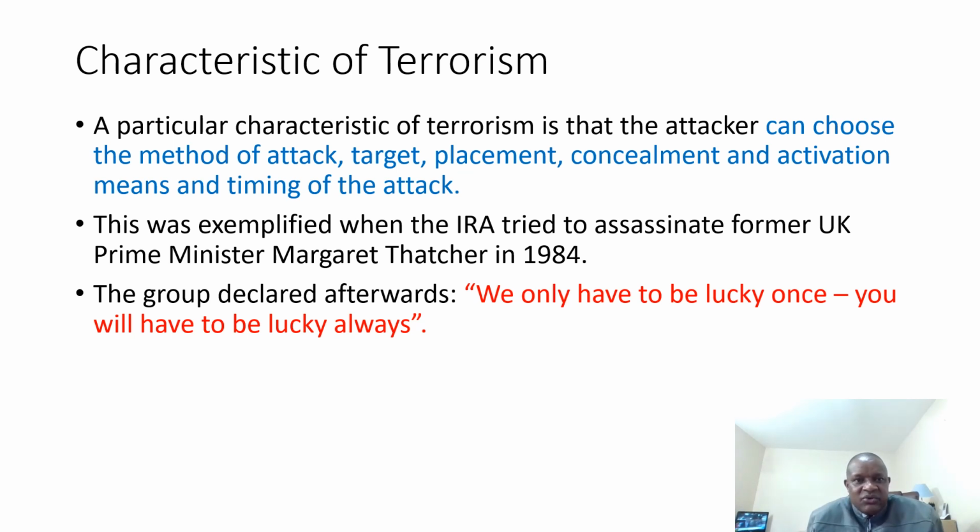You never know who is the target. You never know the method of placement. You never know the type of concealment they're going to use. You never know the activation means. You cannot know the timing of the attack." So they can be lucky. They only need to be lucky once. But we in the security sector, we need to be lucky always.